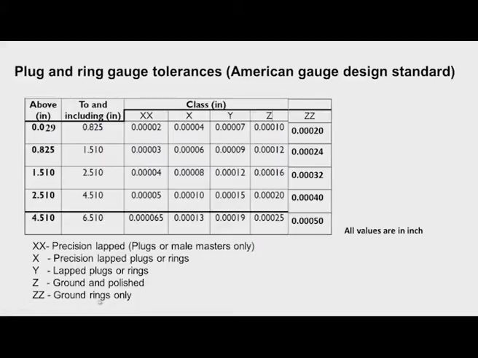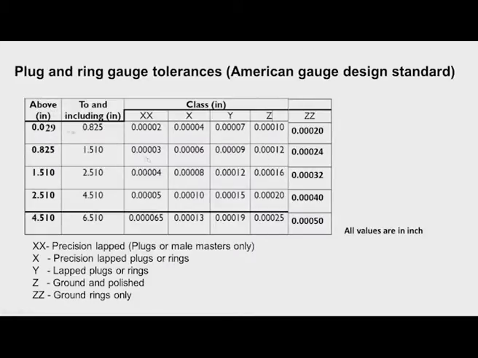ZZ class is applicable only for ground ring gauges, and XX are very precise lapped gauges used as masters, X and Y are used as inspection gauges, and Z is for the normal working gauges.